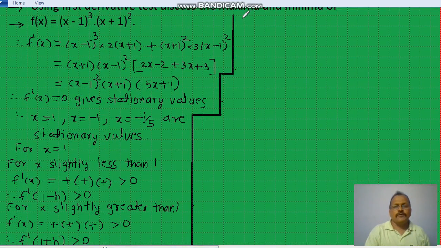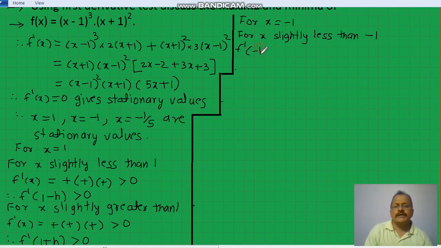Let us see for x equal to minus 1. For x slightly less than minus 1, f dash, I can directly write (minus 1 minus h) is, the first number is positive because it is a square number.